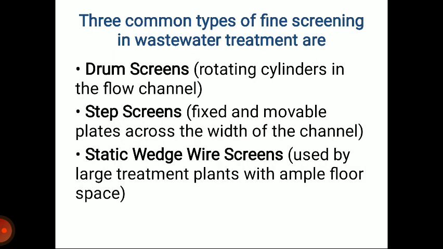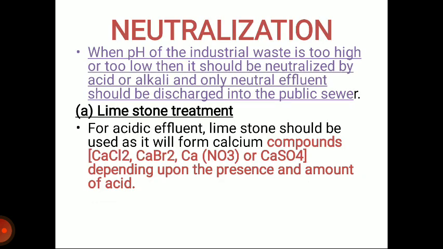Three common types of fine screening are, first, drum screens, rotating cylinders in the flow channel. Next, step screens, fixed and movable plates across the width of the channel. Next, static wedge wire screens, used by large treatment plants with ample floor space.